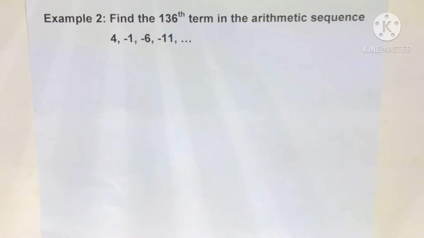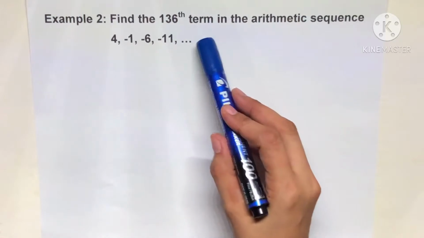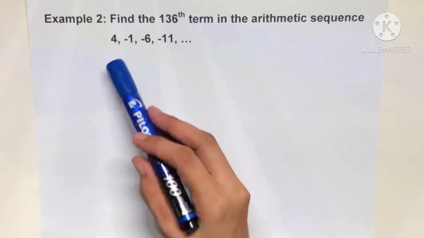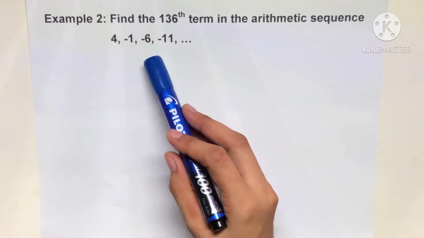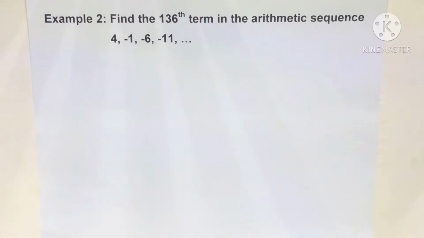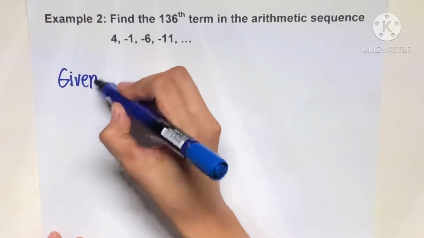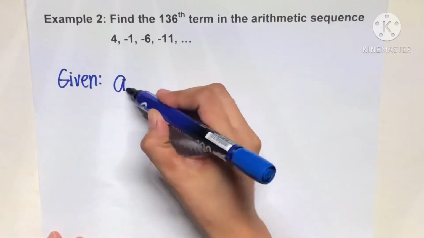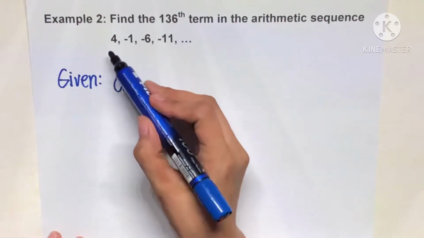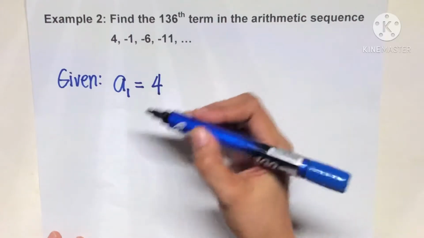Let's proceed to our example number 2. Find the 136th term in the arithmetic sequence 4, negative 1, negative 6, and negative 11. So we will identify first the given. So our first term, or a sub 1, is equal to 4. Okay?